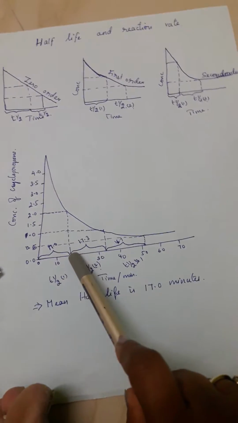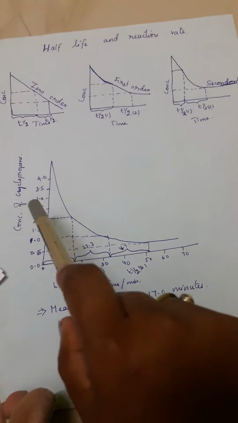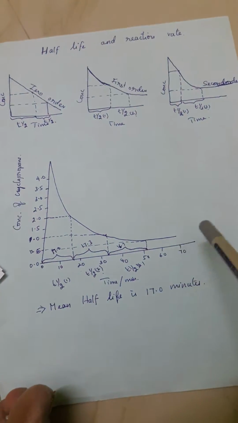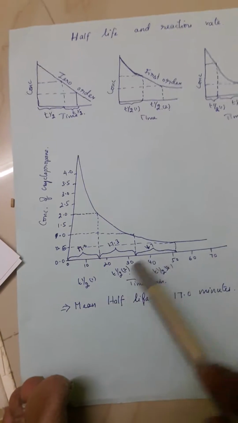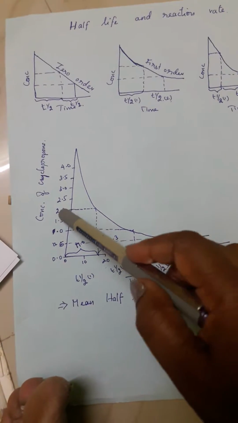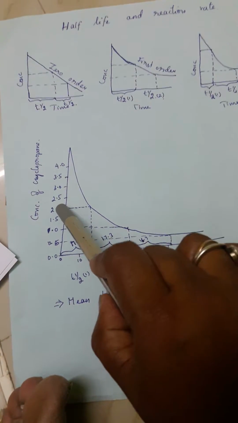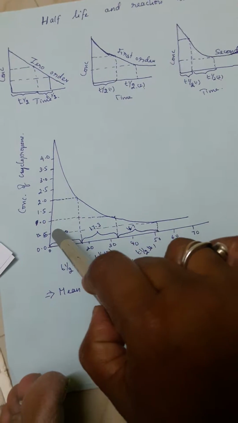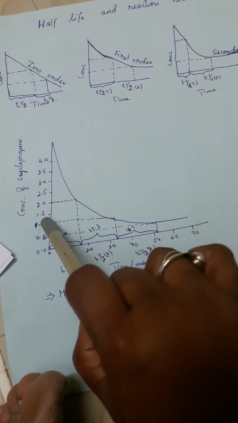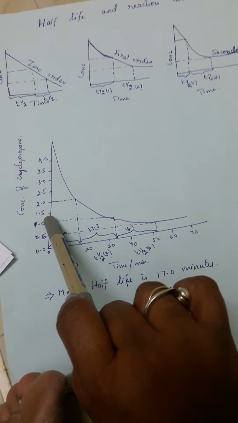How to calculate the half-life? By using the concentration and the time taken, you are plotting the graph like this. If the concentration is 2, then half is 2 to 1, right? So 2 to 1 is half.